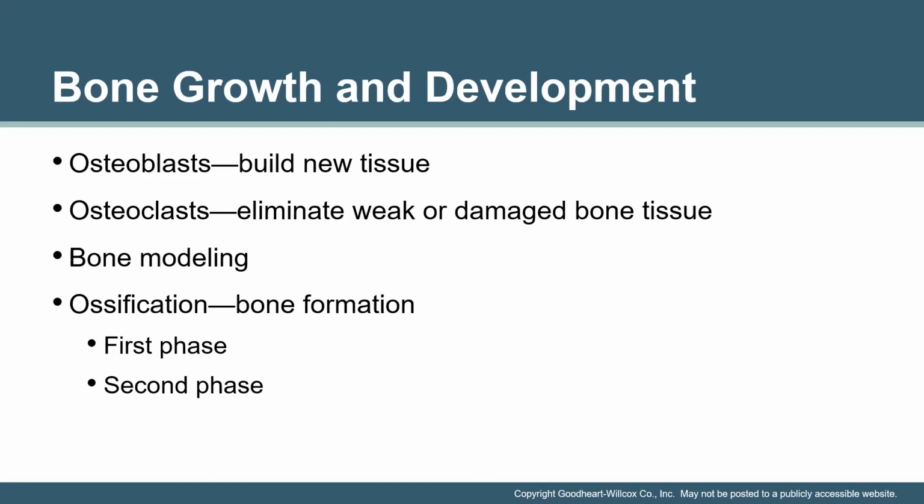There are osteoblasts, B for build. Osteoblasts will build new bone. Osteoclasts with a C, like in cats, will eliminate weak or damaged bone tissue, or if we need to access or harvest any of the minerals within the bone, the osteoclast will become active.